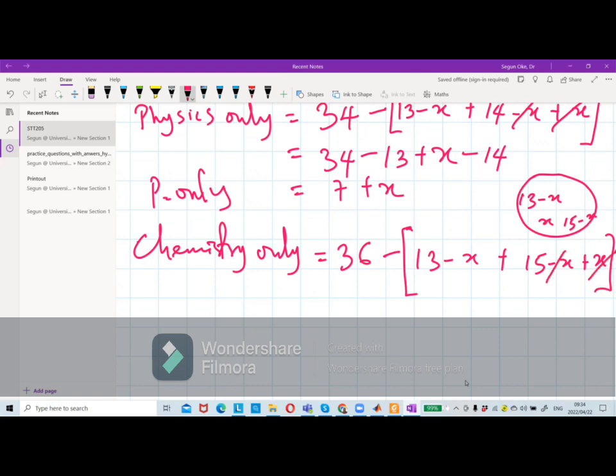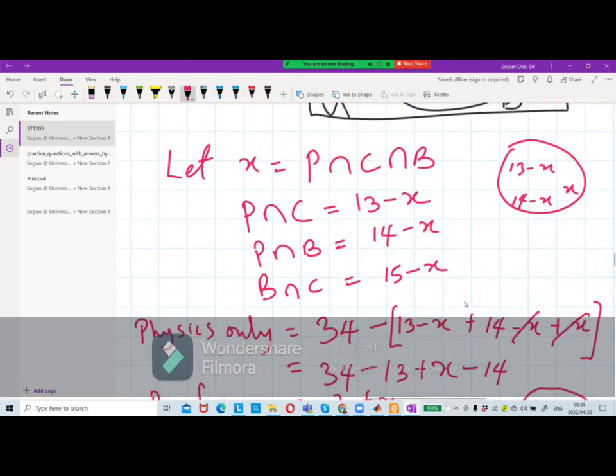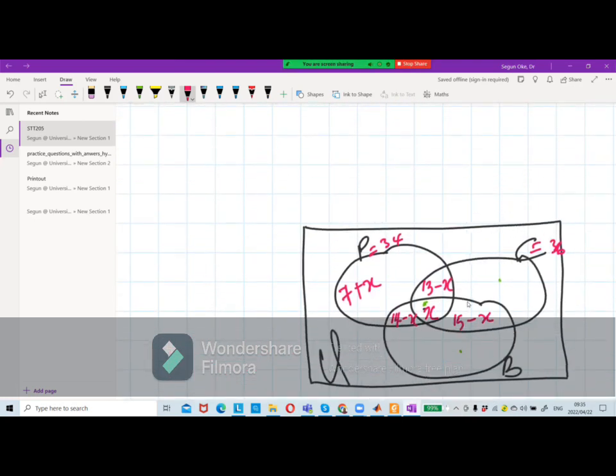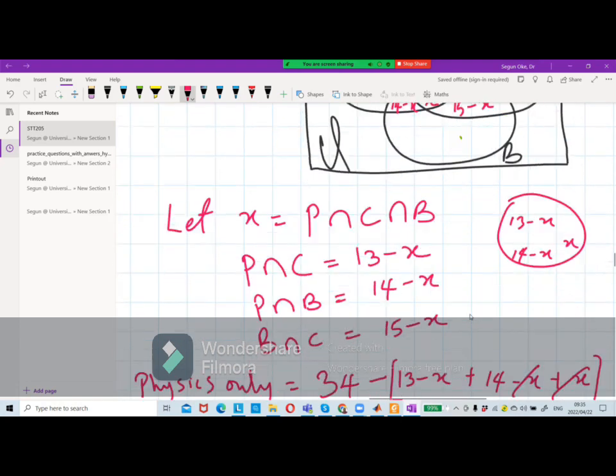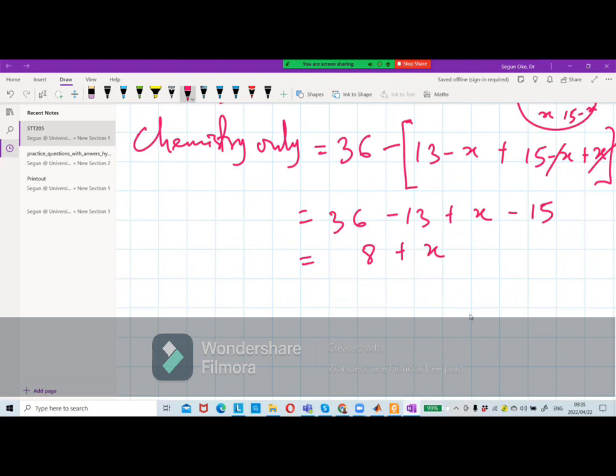So we have this, open the bracket again, 36 minus 13 plus x minus 15. So at the end of the day, you have 8 plus x. So for chemistry, we go to the circle of chemistry, 8 plus x. Remember, we are still looking for the x to be able to ascertain the number of people.